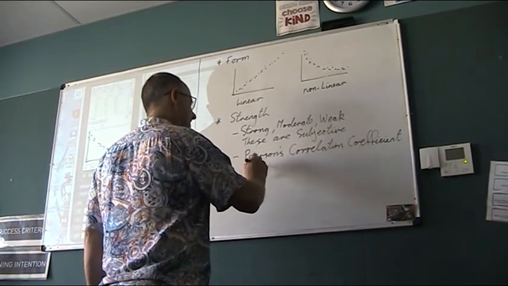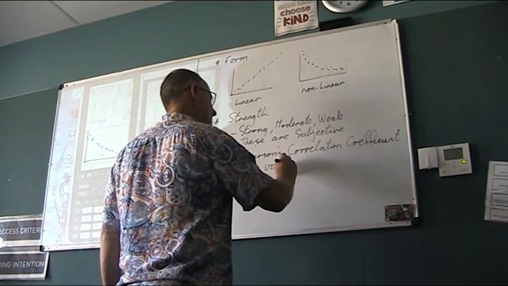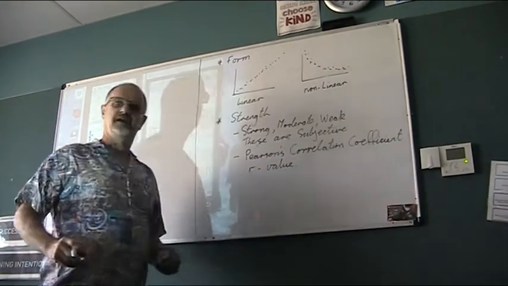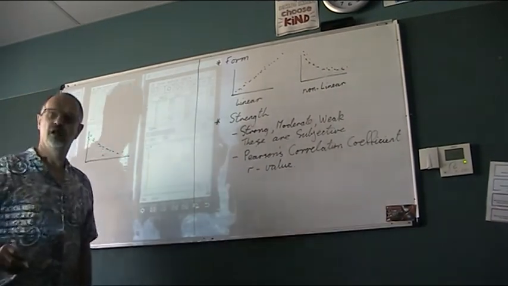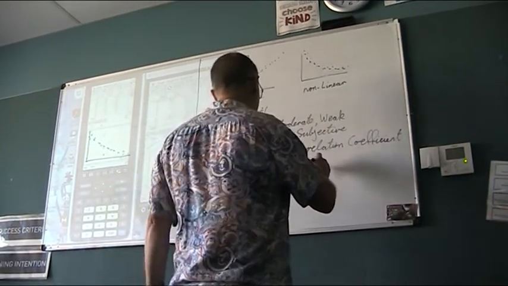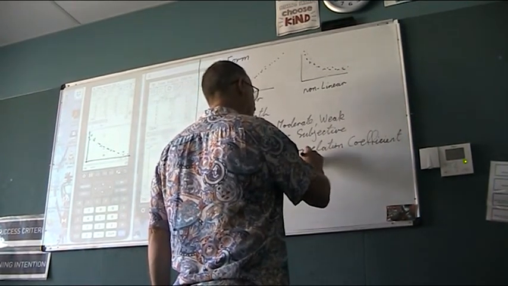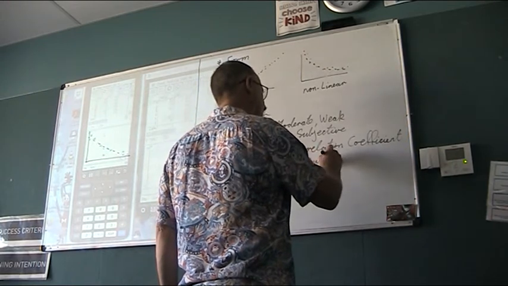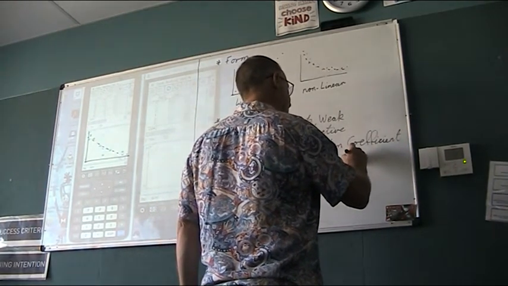Commonly known as the R value. And the good thing about the Pearson's correlation coefficient is that our calculator will work it out for us.